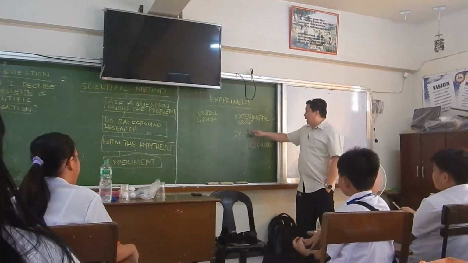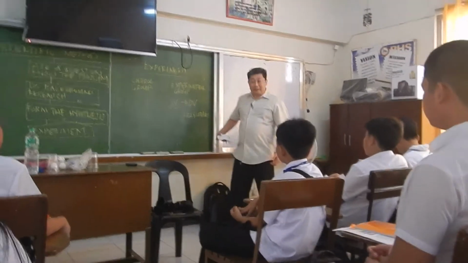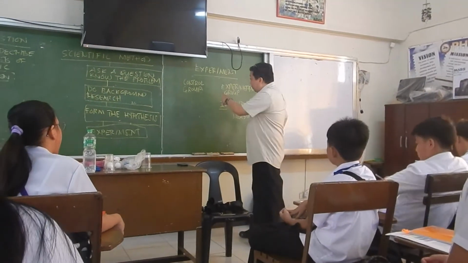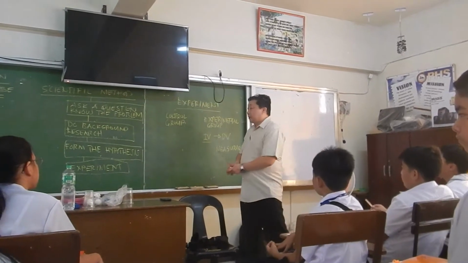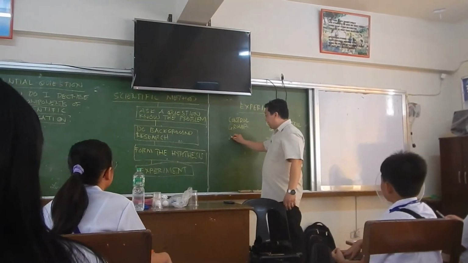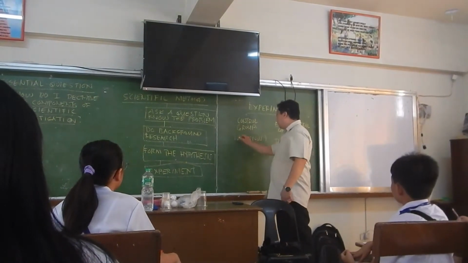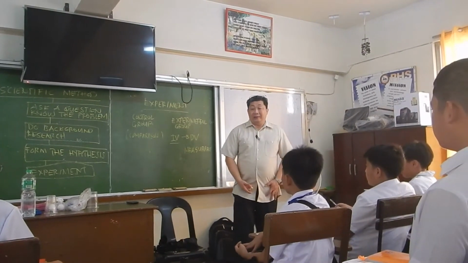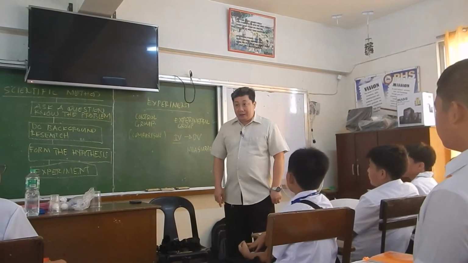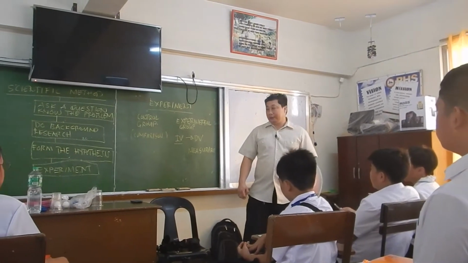And these two are under the experimental group. Now, the control group is only for comparison. Very good. Do we manipulate the factors in the control group? No. They remain as they are so that you can compare the changes that happen.